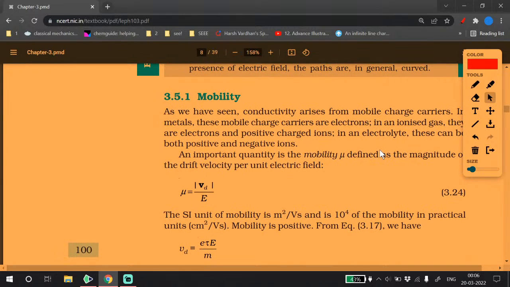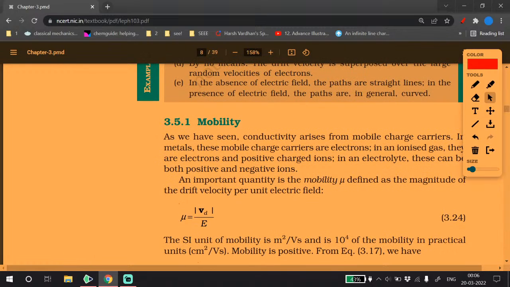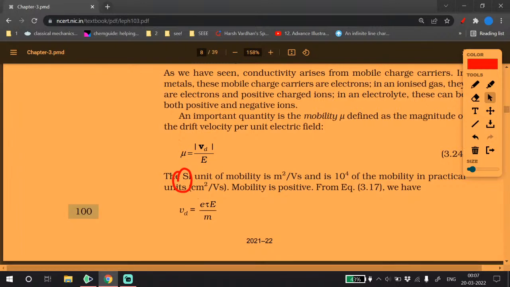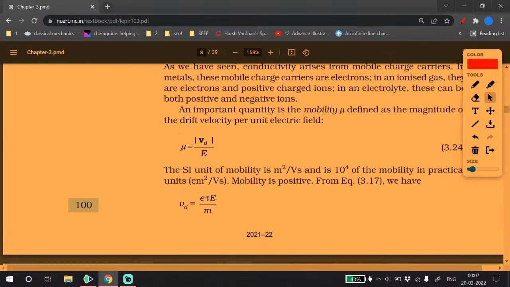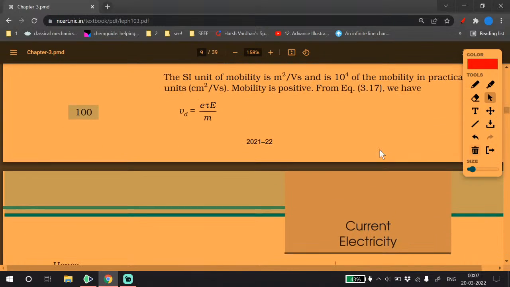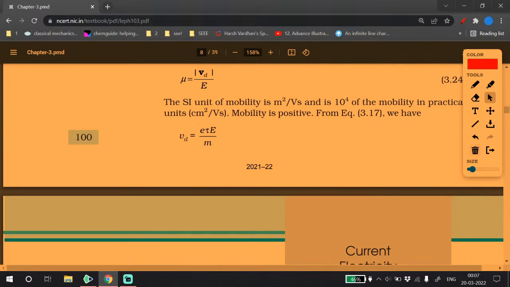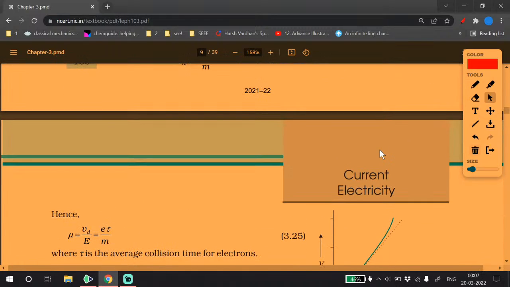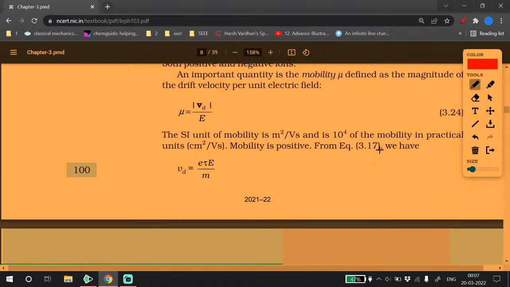Mobility is defined as the magnitude of the drift velocity per unit electric field. Magnitude, so ignore the direction, because mu is a scalar quantity. The practical unit is centimeter square per volt second. Let's derive this on our own.